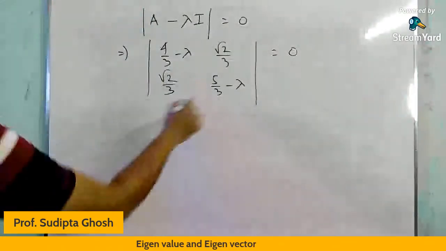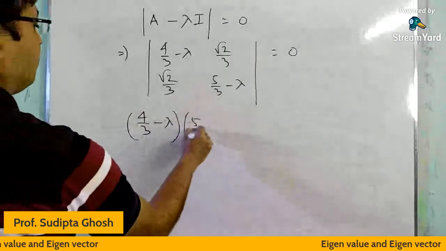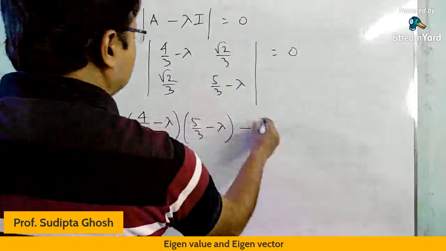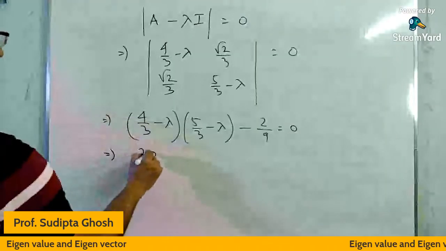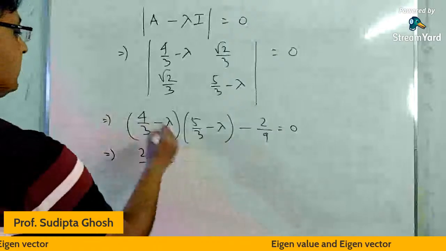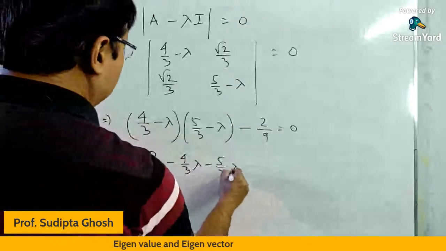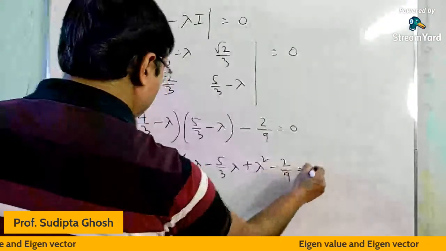To reduce this, we get (4/3 minus lambda)(5/3 minus lambda) minus 2/9 equals 0, or 20/9 minus 4/3 lambda minus 5/3 lambda plus lambda square minus 2/9 equals 0.